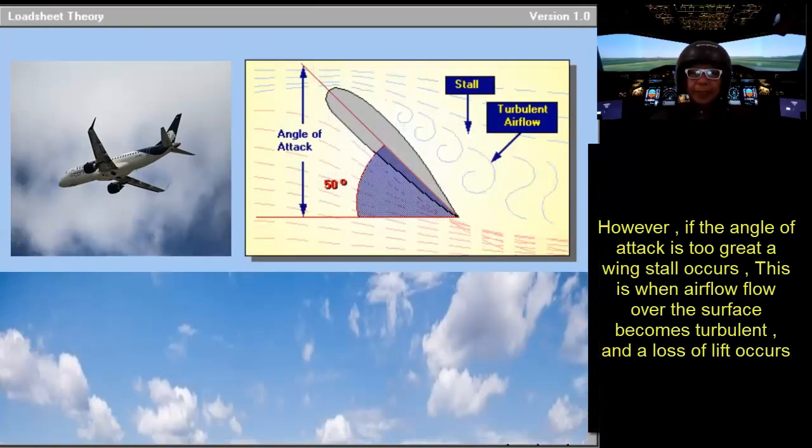However, if the angle of attack is too great, a wing stall occurs. Let's say this is 50 degrees, then we'll create a wing stall. This is when the airflow over the surface becomes turbulent and a loss of lift occurs.